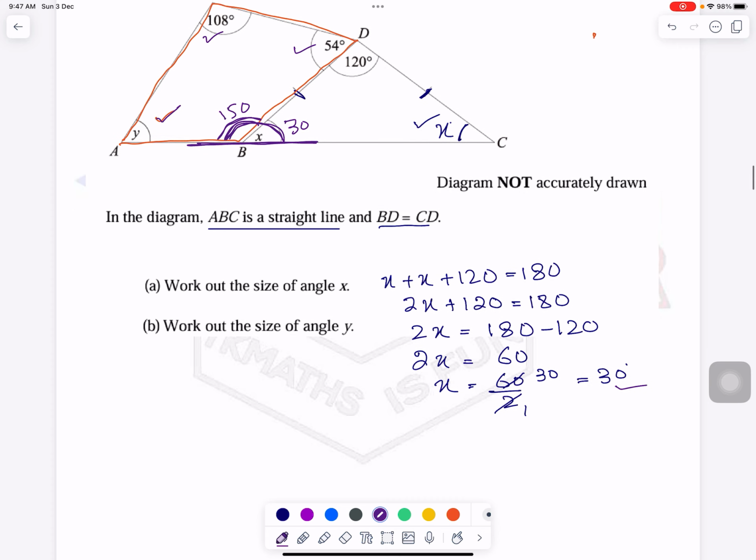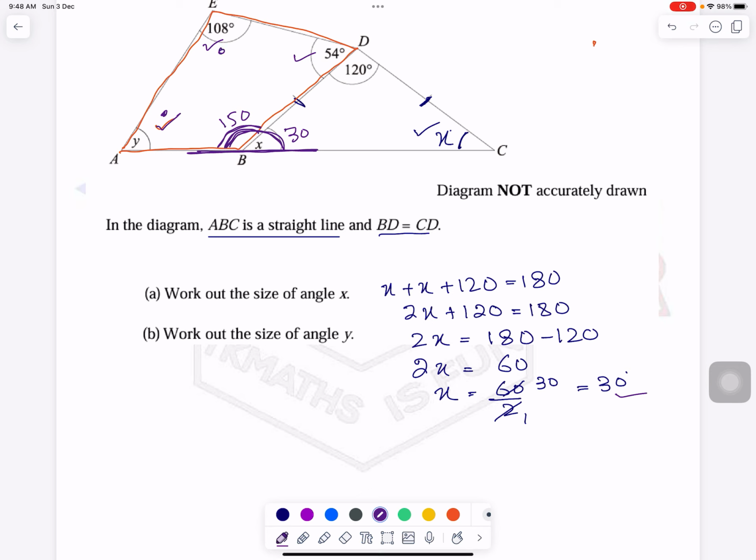Agreed? So now to find out y, I will just add up these 4 angles and put it equal to 360. So I will say y, let me change the color, y plus 108 plus 54 plus 150 equals 360. And now a calculator will not be allowed to you because in year 7 and 8 it's not allowed. So you need to add up these numbers. If you can do it mentally, fine, else you can do it by vertical addition.